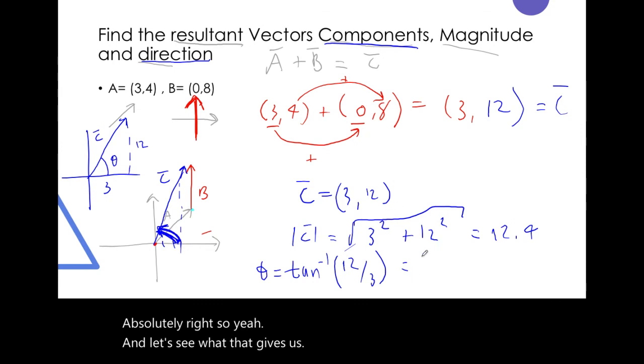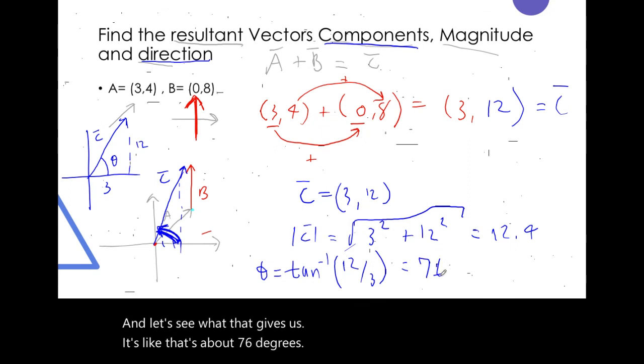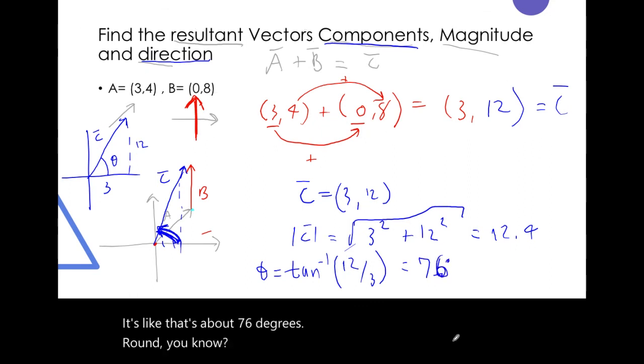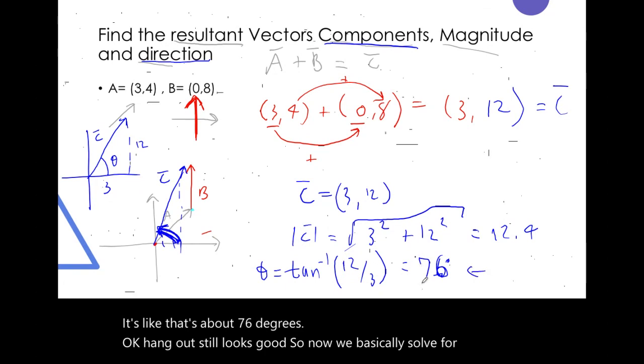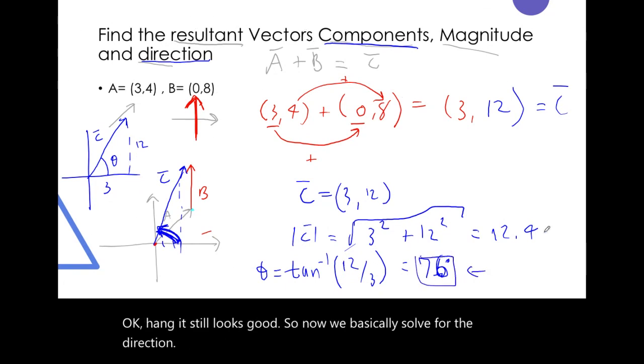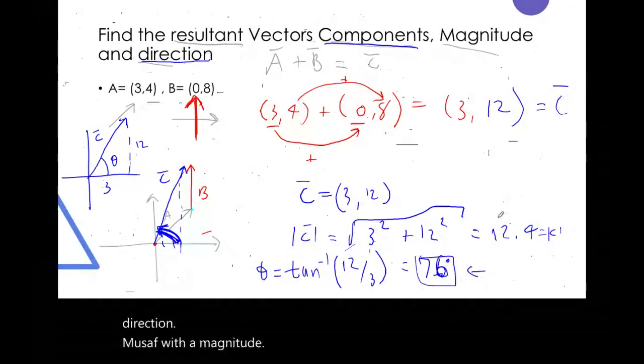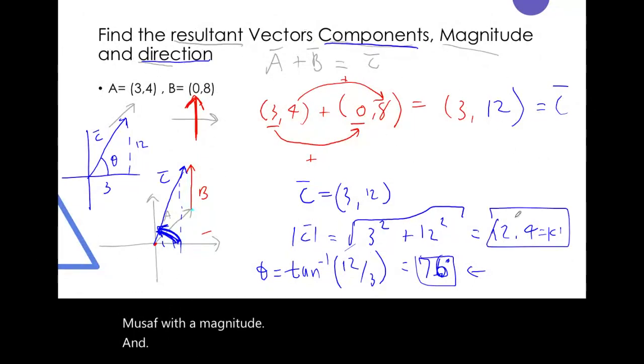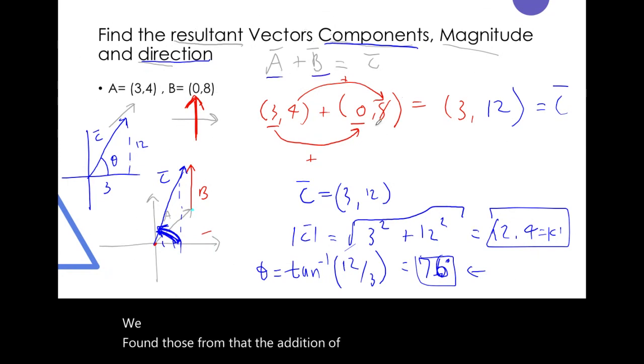Looks like that's about 76 degrees, rounding up. That answer looks good. So now we've solved for the direction and solved for the magnitude, and we found those from the addition of the A and B vectors.